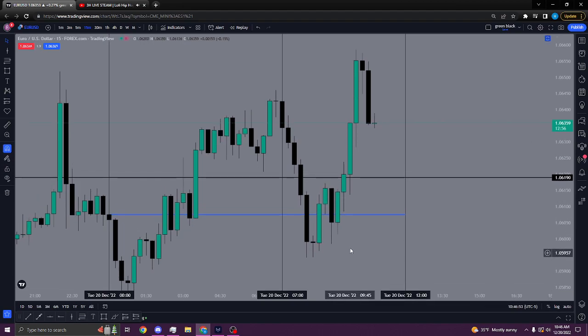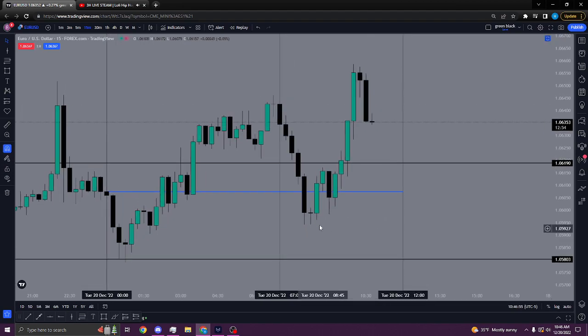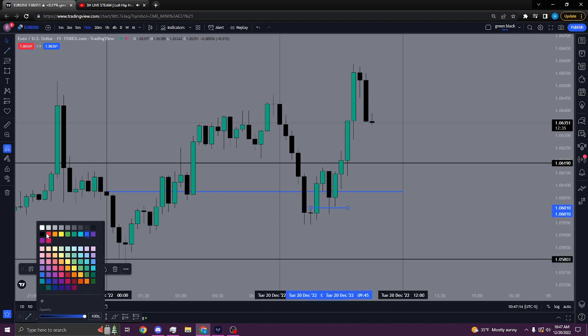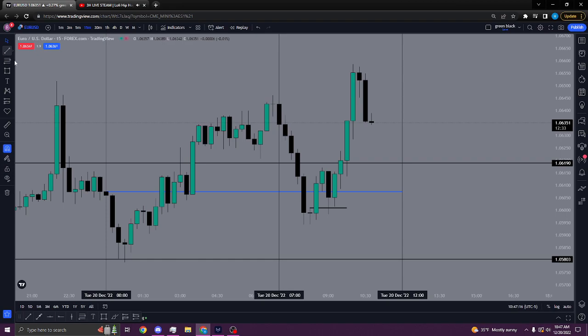Right? And you want to be a buyer on bullish PD arrays. And what bullish PD array can we see? We see this down move. We go higher, we get a retracement back into this fair value gap here on a 15-minute time frame.